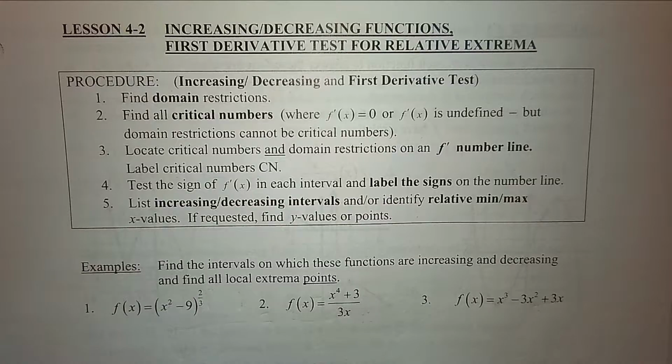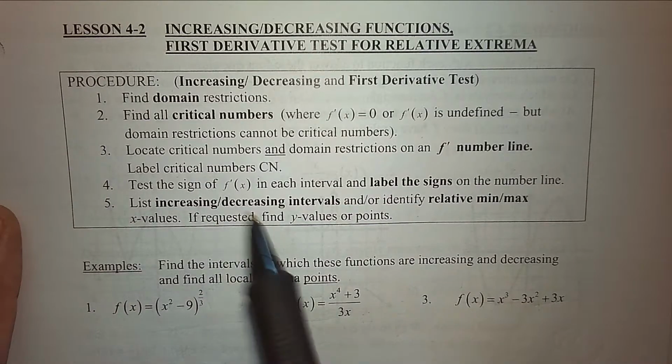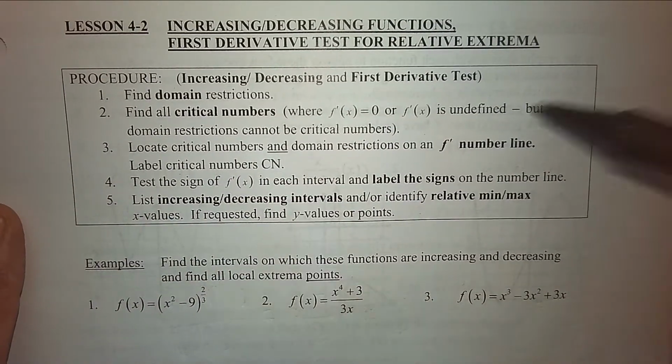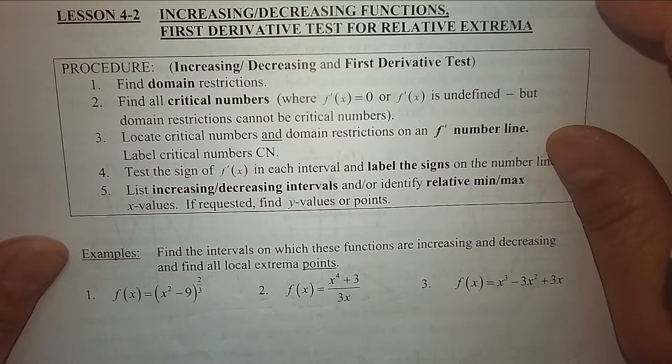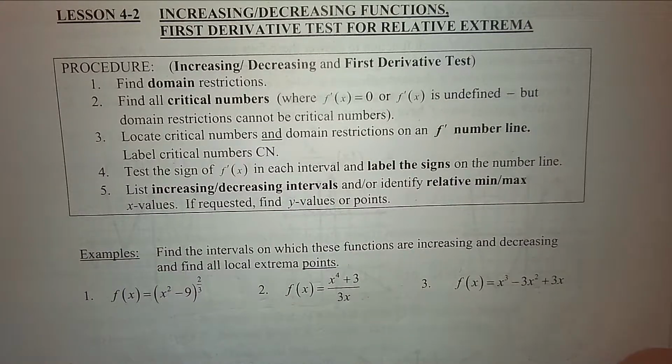Three, you're going to locate critical numbers and domain restrictions on a number line, and you're going to label that number line. You're going to test, using the derivative, whether it's positive or negative in between those intervals. Using the first derivative, if it's positive, that means it's increasing between those numbers.